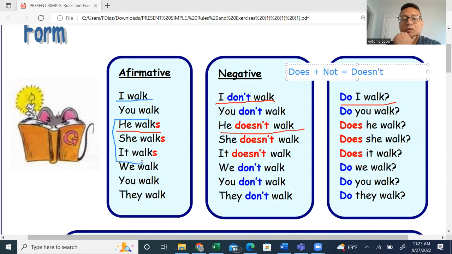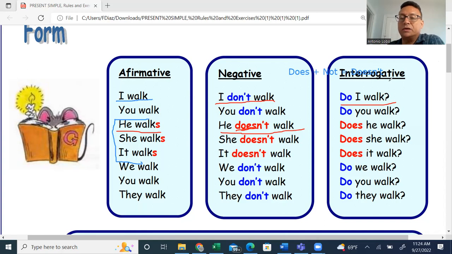Okay, so she does not walk, it does not walk. Notice that in this case, the s is not here, because does is already in accordance with the person. So he walks, he doesn't walk, no s. She walks, she doesn't walk, no s here.